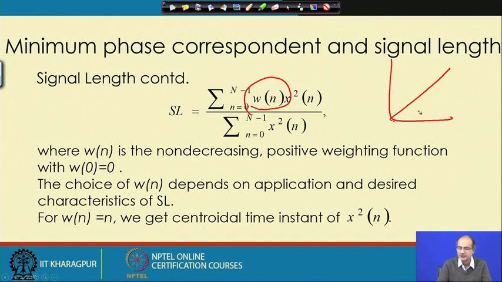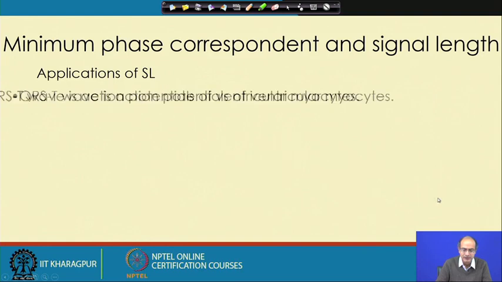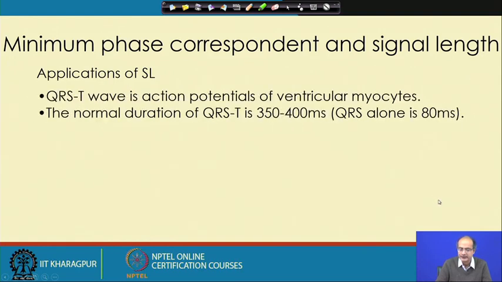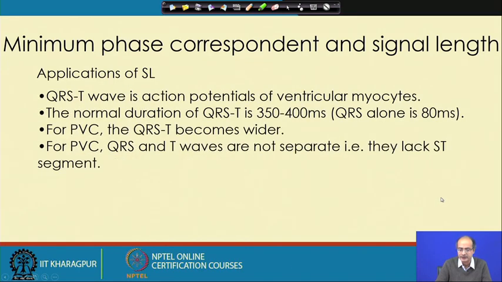If the signal is located near the origin, the signal length would be small. If it is away from the origin, then that value would be more, even for the same amount of energy, and to make sure of that we have used the estimate of the energy of the whole signal in the denominator.